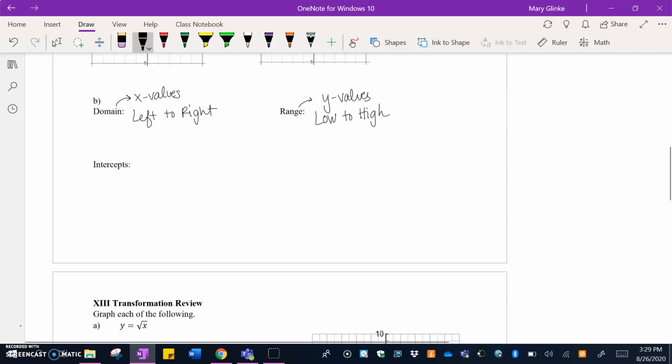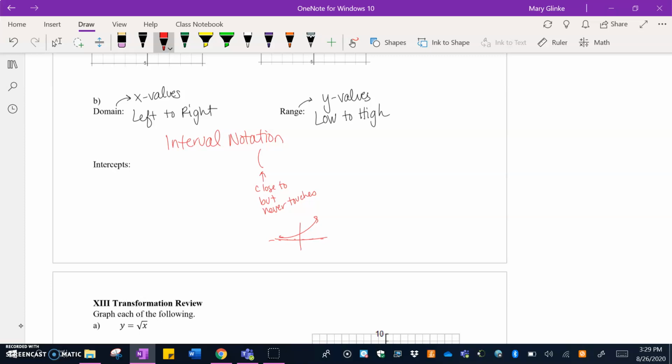And for both of these, we're going to write things in interval notation. So in interval notation, we're going to use parentheses if something gets close to a number or a value, but never touches it. You might see this in the exponential. You'd have an asymptote. It's going to get closer and closer to that number, but never actually touch it.